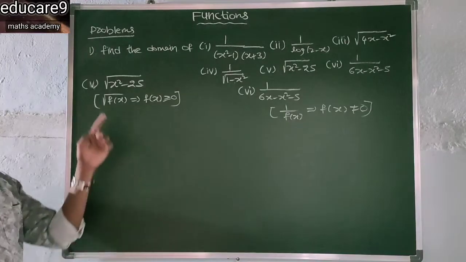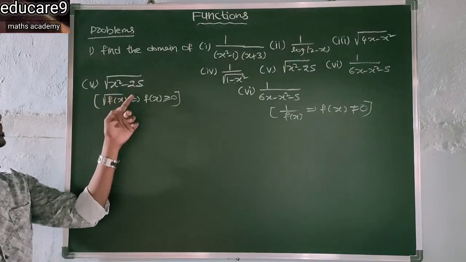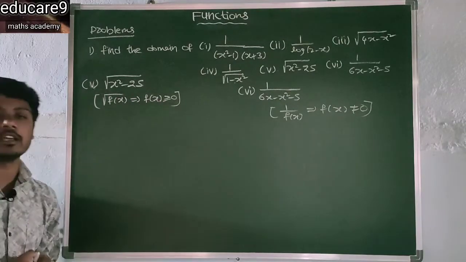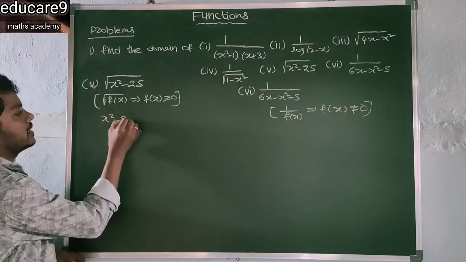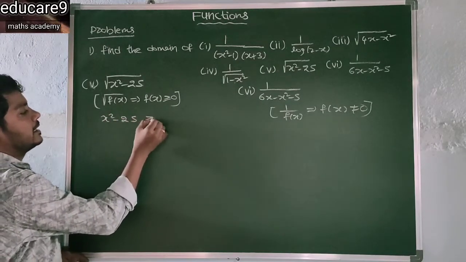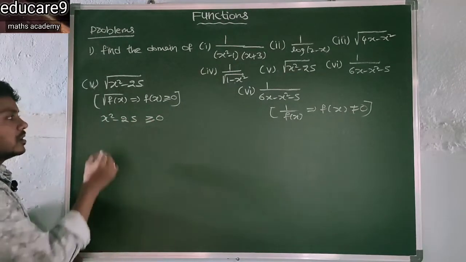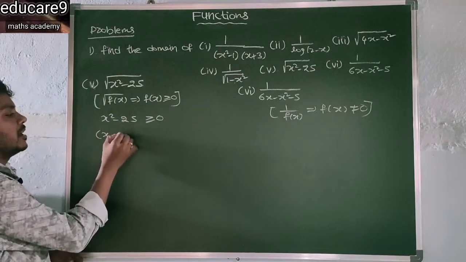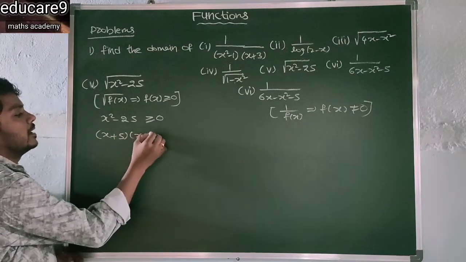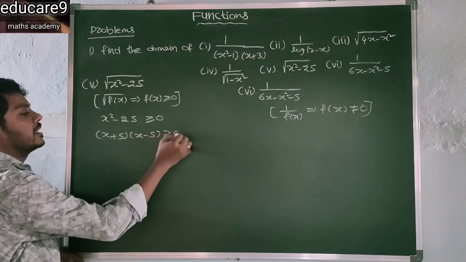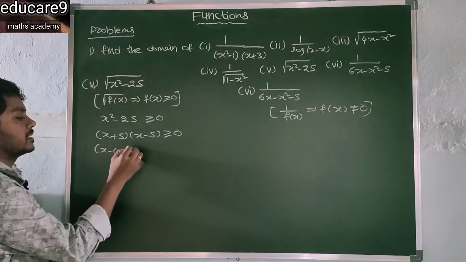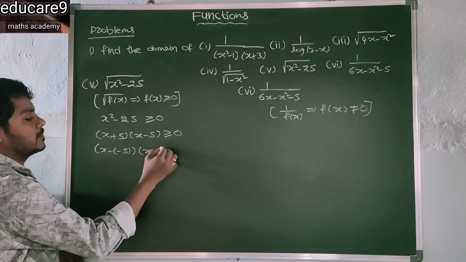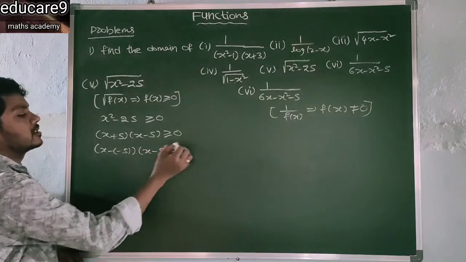See our next one. Root f of x. Clearly f of x is greater than or equal to 0. Therefore x square minus 25 is greater than or equal to 0. So clear it in the form of x plus 5 into x minus 5 is greater than or equal to 0. So again it is x minus of minus 5 into x minus 5 is greater than or equal to 0.